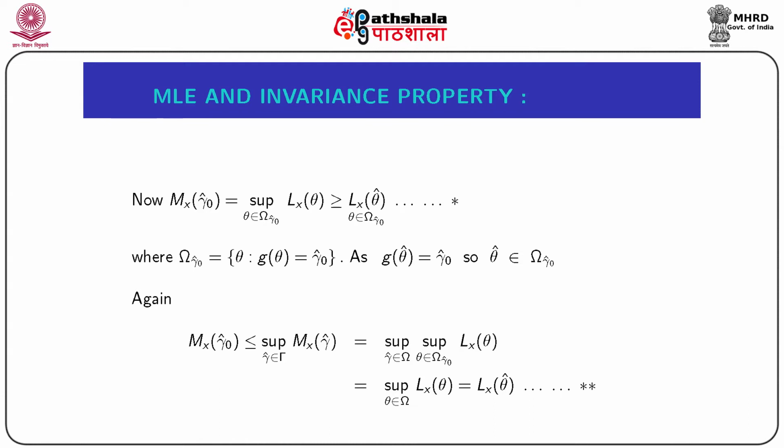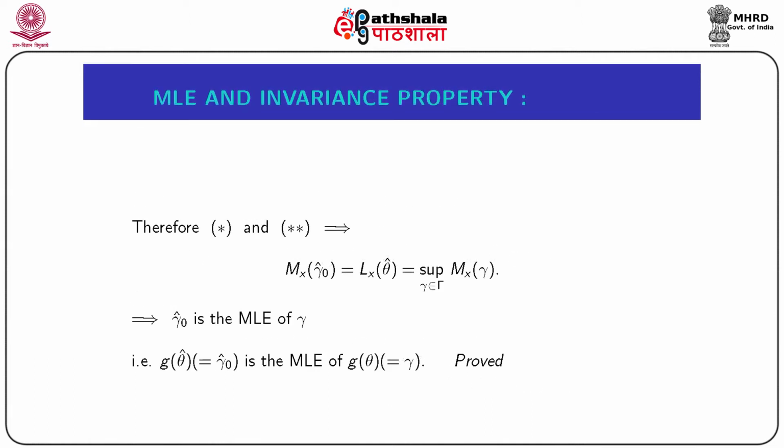Now, combining these two suprema, this is equal to the supremum over all theta belonging to the parameter space omega of the likelihood function L_x(theta), and obviously that is nothing but the likelihood function at the point theta hat. This inequality is denoted by double star.